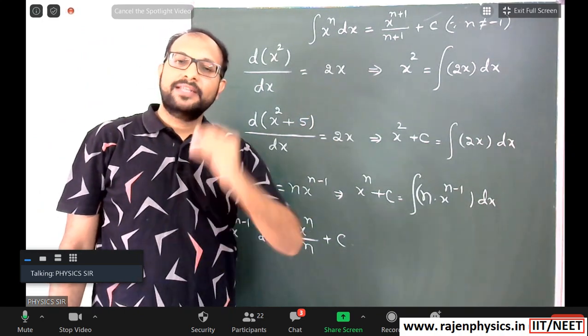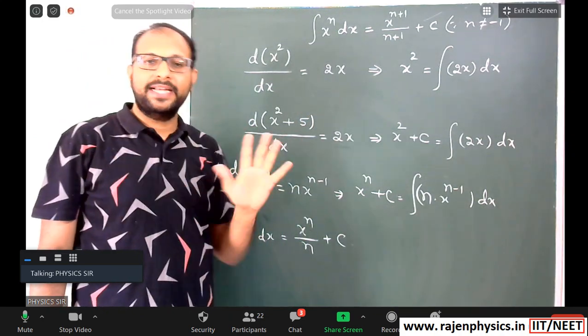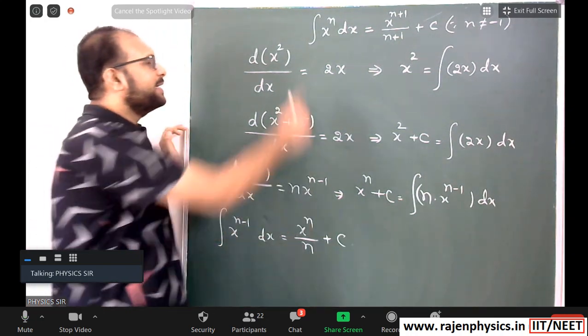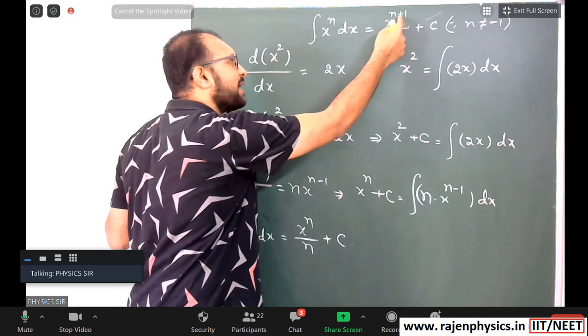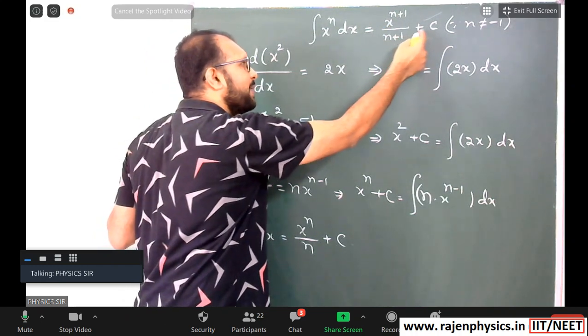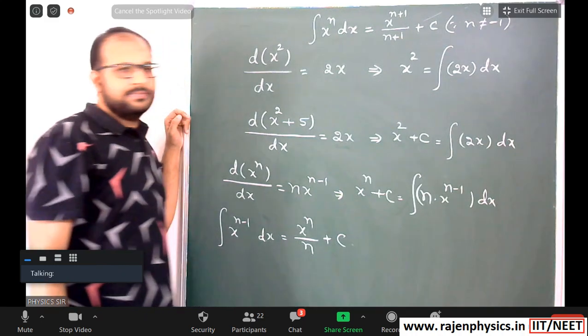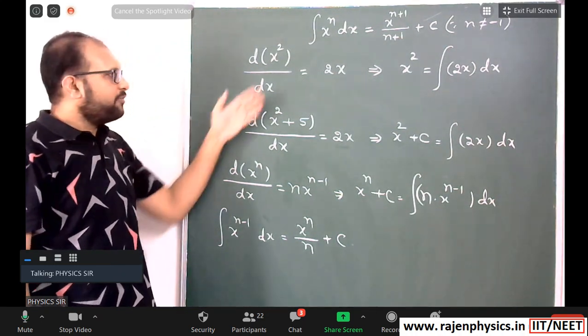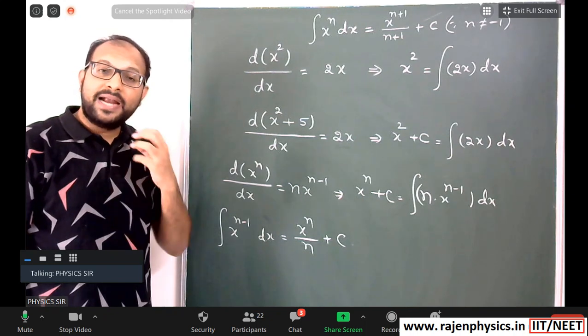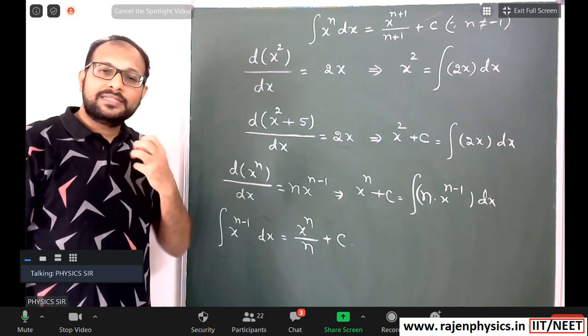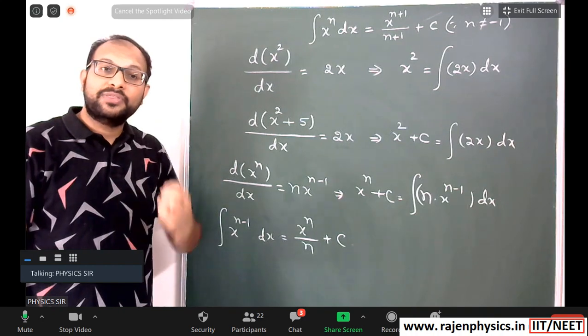All students, please remember this now. It takes no time, and it is easy also. Integral x to the power of n dx is x to the power of n plus 1 by n plus 1 plus some constant. From this, I have now explained everything. In mathematics integration, you will get still more clarity along with the derivations.